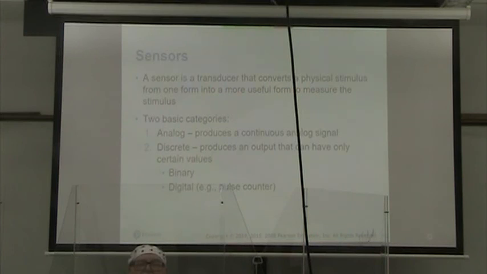A sensor is a transducer that converts a physical stimulus from one form into a more useful form to measure the stimulus. Boy, that is a high-level explanation of that.